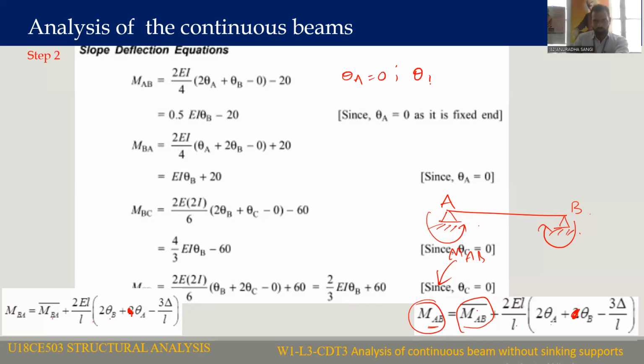Theta B is unknown, only theta B. So substitute in this equation MEAB: 2EI by L into 2 theta A plus theta B minus 3 delta by L. Theta A is 0, theta B is unknown, and delta is also 0. So simply we can write 2EI by L into theta B. I will write here for the AB span, and I'll draw it here.